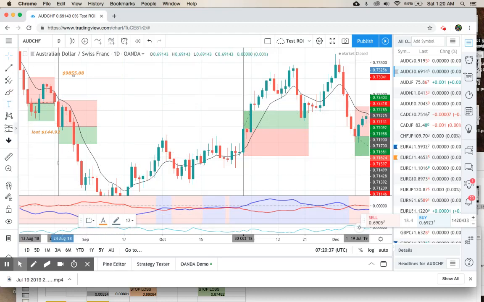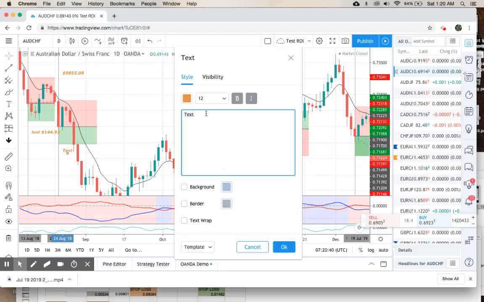So we can even, if it makes it easier, we can say $1.20 per pip. Okay, so let's look at what happened here.